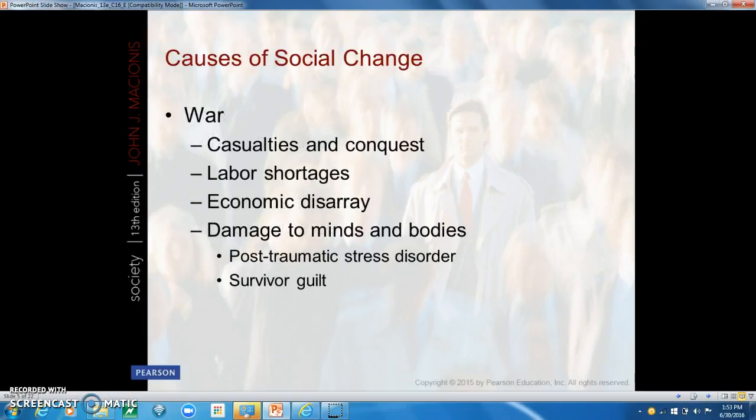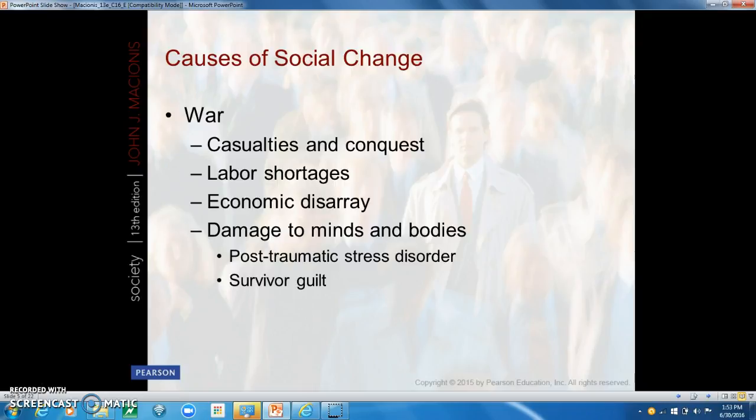There are many major causes of social change, and war is probably the most powerful and most pervasive force that produces social change at every level of society. Casualties and conquest are the major ecological effects of war. War accounts for extraordinary and rapid declines in the population.